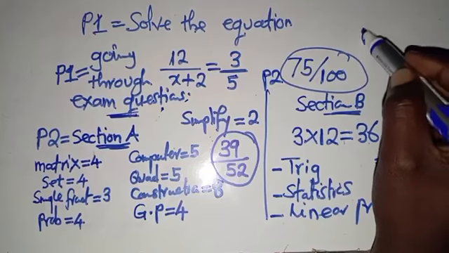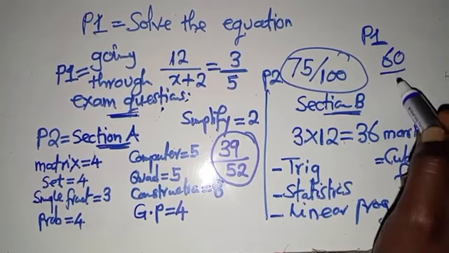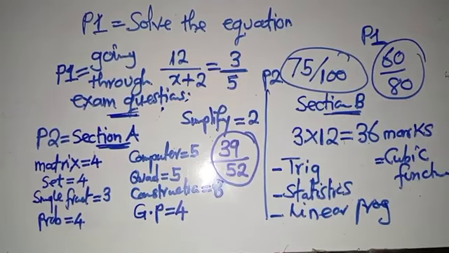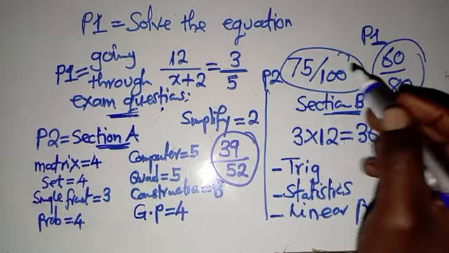Paper 1, I think I can get 60 out of 80. This is very possible. So we calculate what percentage you are going to get. 75 plus 60 is 135 altogether.